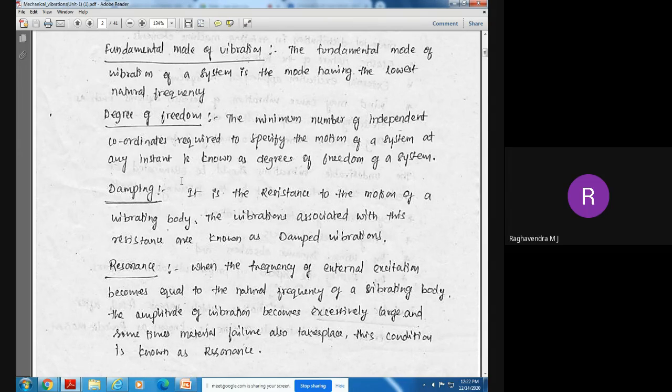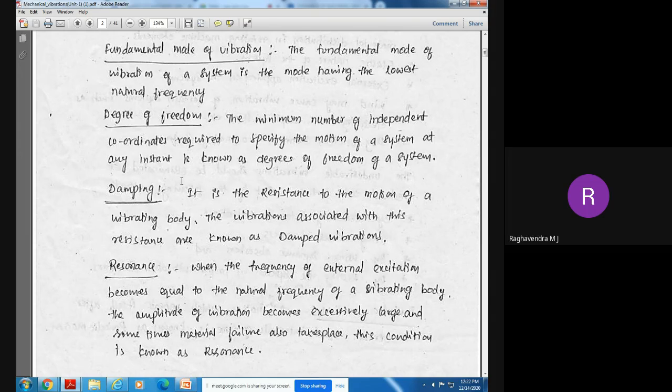The resistance to the motion of a vibrating body is called damping. The vibrations associated with this resistance are known as damped vibrations. Okay, so oil dampers are the best example for this type of damping.